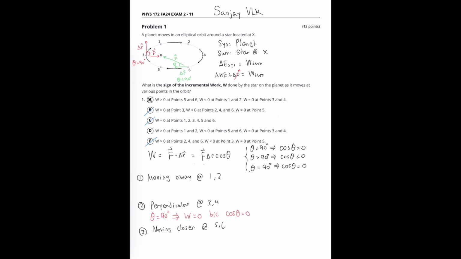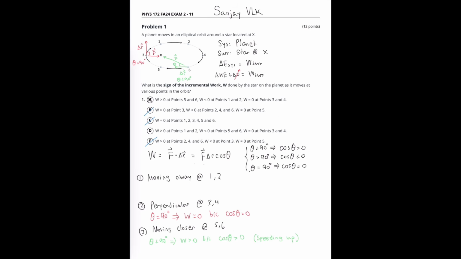So theta is less than 90 degrees implies that work is greater than 0 because cosine theta is greater than 0. And this will also mean that it is speeding up, since it's getting closer to the star.